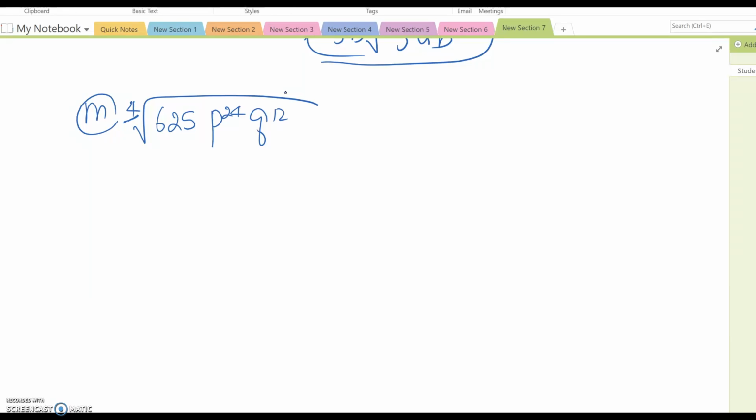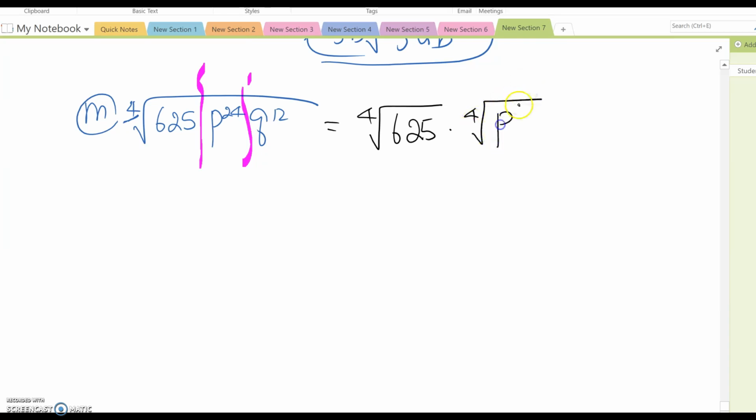So let's break each case. So we can rewrite the fourth root of 625, fourth root of p to the 24, fourth root of q to the 12. Now simplify each number and then variables.